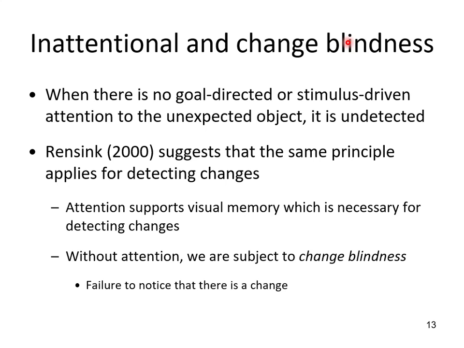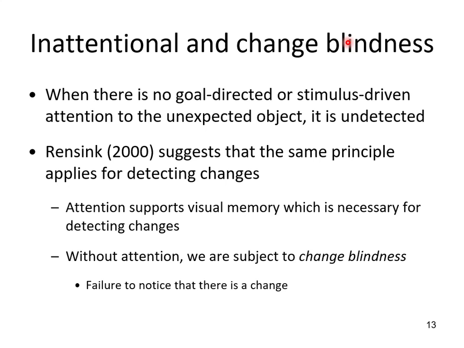How do you know there is a change? You first remember the object in the first scene, and then the intervening frame comes up, and when the second frame comes up, you compare the object that you see with your memory, right? Because the first frame has already disappeared, you need to rely on your memory to spot any change.